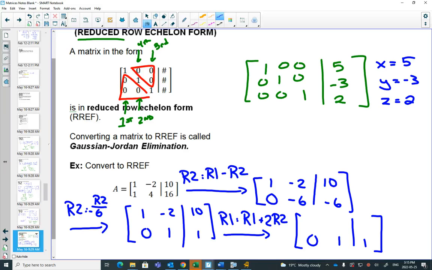And now, if I take row 1 and add 2 row 2's, can you see that this will still be a 1? This will now be a 0. And 10 plus 2 is 12. So x is equal to 12, and y is equal to 1.